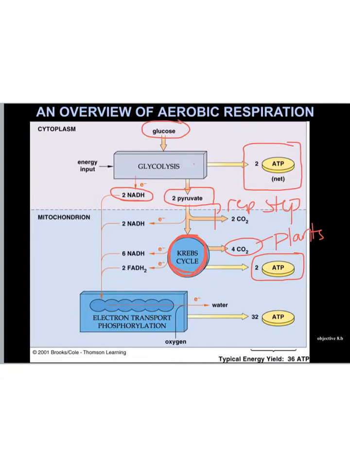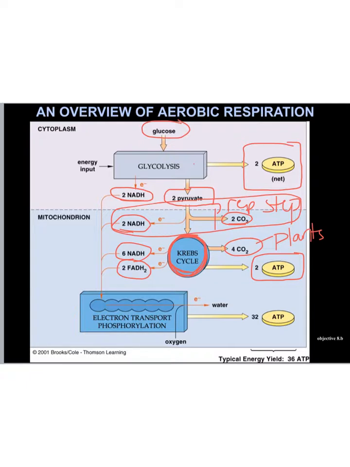We also now get 6 more molecules of NADH and 2 more molecules of another enzyme helper called FADH2. By the way, let me go back to the prep step. So that's this step right here. We also give off 2 additional molecules of CO2, and we get 2 additional molecules of NADH.